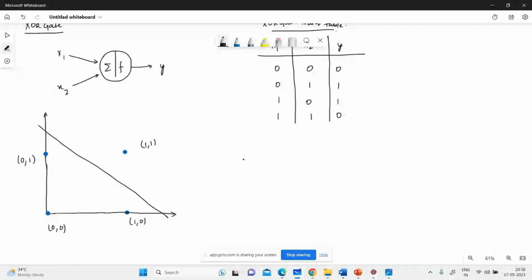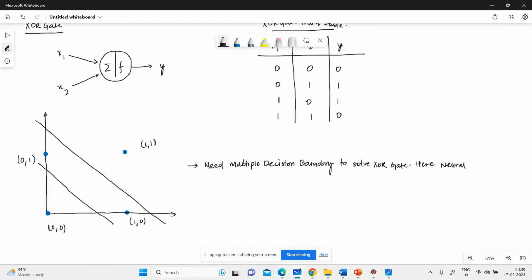This was the OR gate. So one single decision boundary is not enough. We have to create multiple decision boundaries, and multiple decision boundaries means multiple layers of neural network. This was the first problem statement which actually started the journey of why we need a multiple layer neural network. Here a neural network will be required, not a single neuron. That's done here.